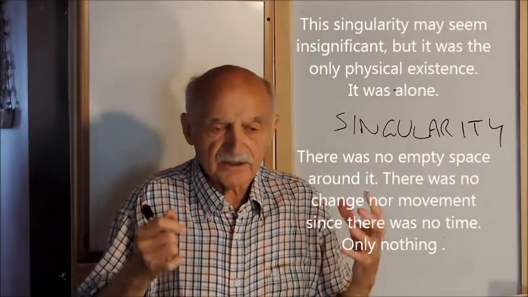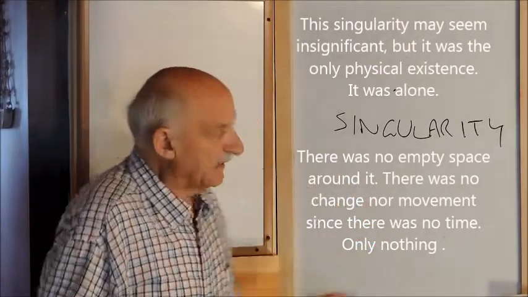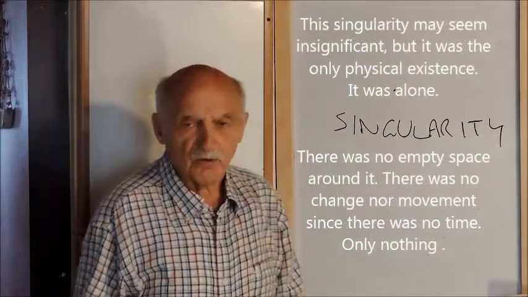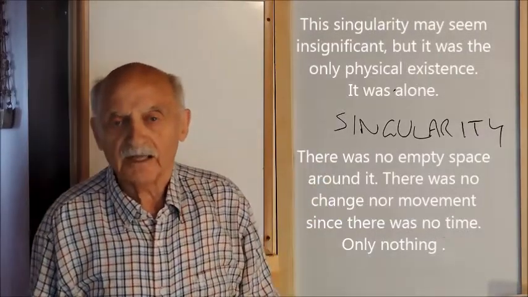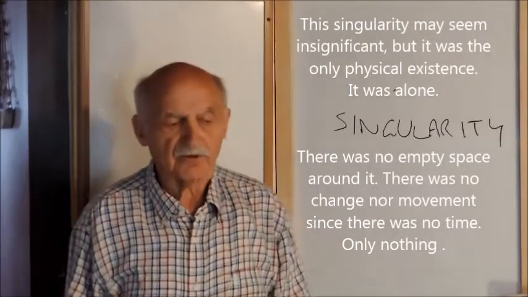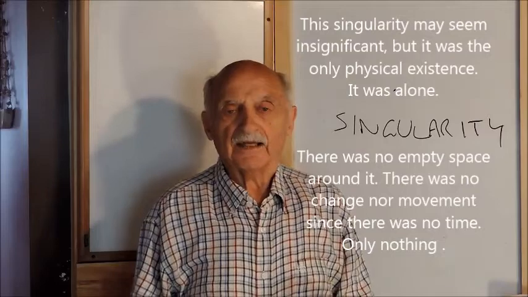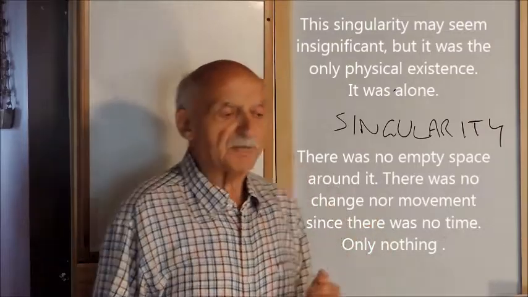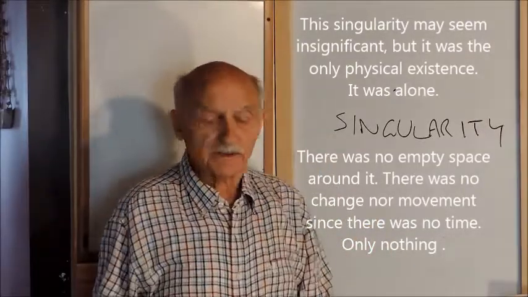It is just a dot. And in the Bible it's described so well as without form and void. The earth, which really means the whole of the mass of the universe, was created, and it was without form and void, meaning it had no shape and occupied no space.